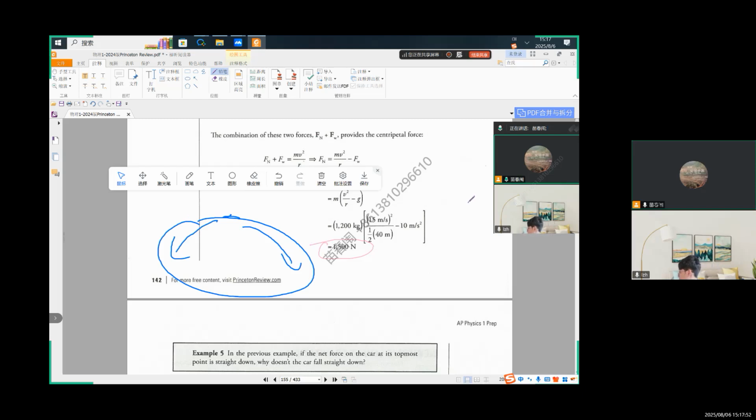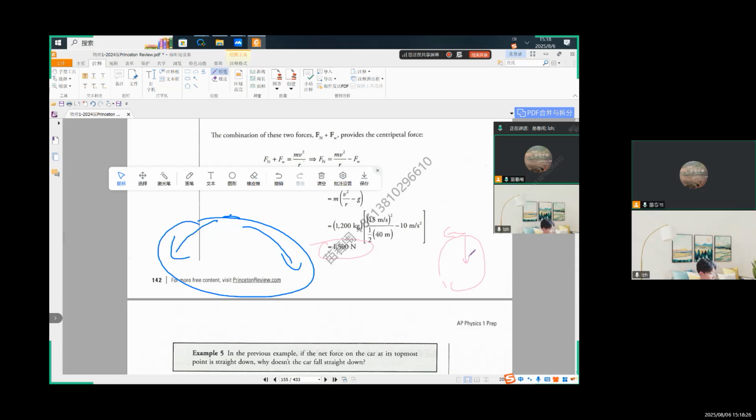What's the direction of your speed when you are here? The direction of your velocity is to the left, right? But your acceleration is in which direction? Downward, right? Velocity to the left and acceleration downward.